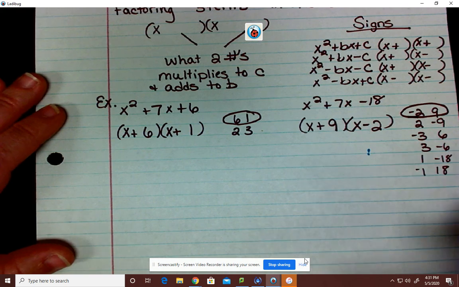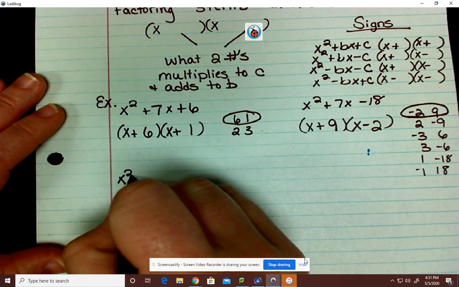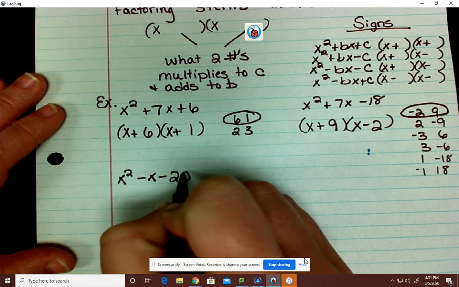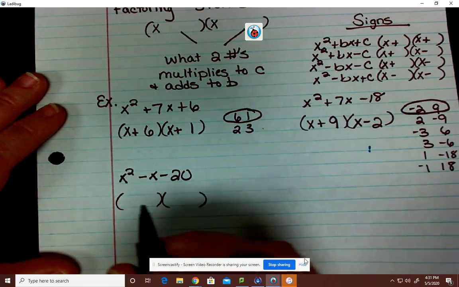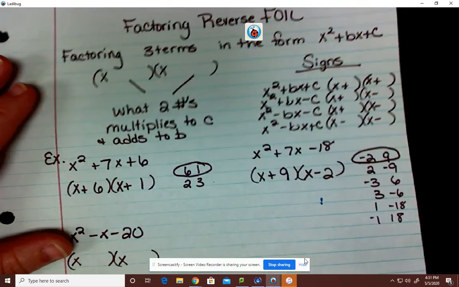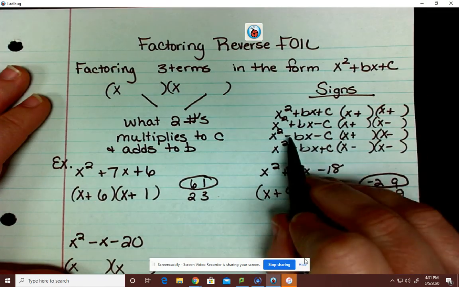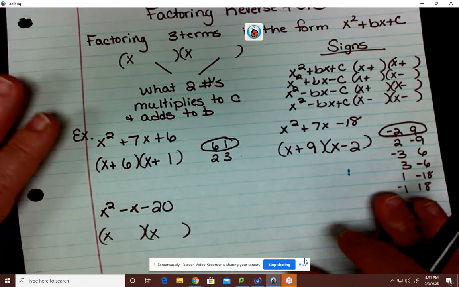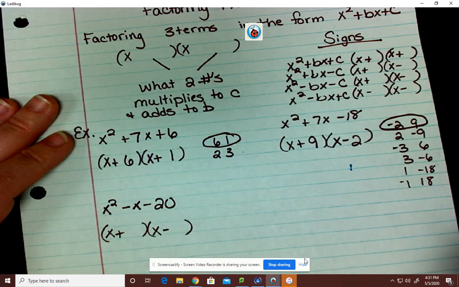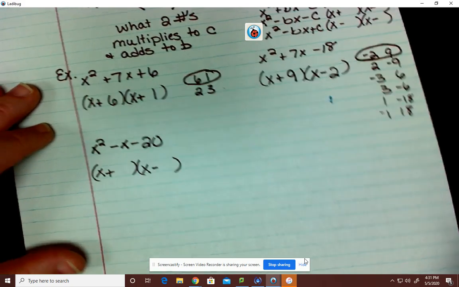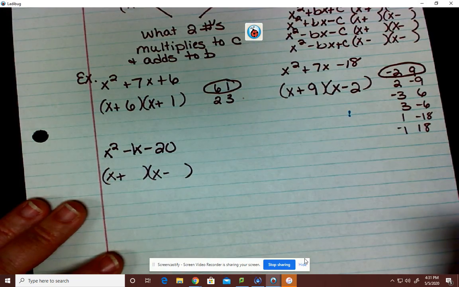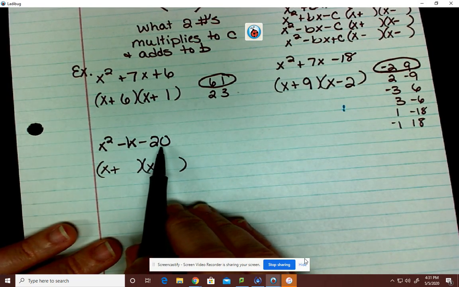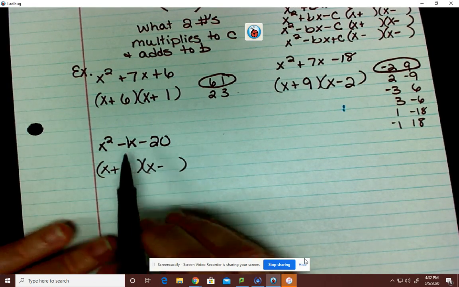Let's do another one. So we put our two sets of parentheses. If this is our problem with x and x, we can use our cheat notes for our signs. So minus and minus is going to be plus minus in the parentheses. So they're opposite signs, those numbers we're looking for. So when there's not a number here, that's understood to be a 1. So we're looking for things that multiply to negative 20 and add to negative 1.